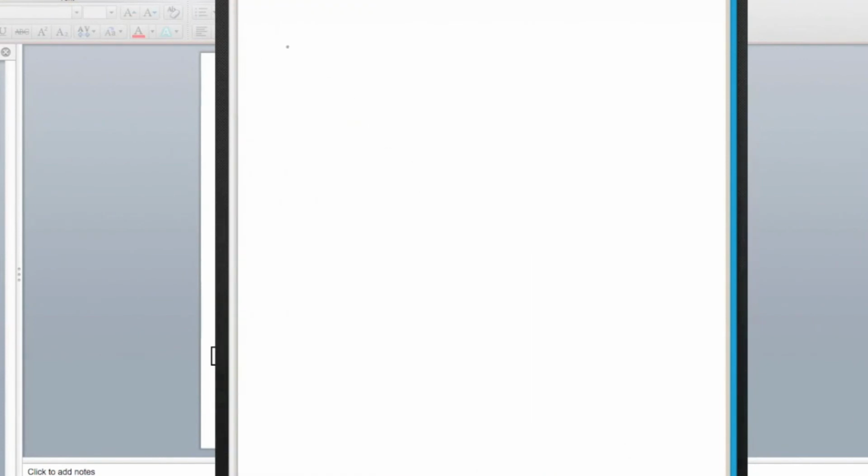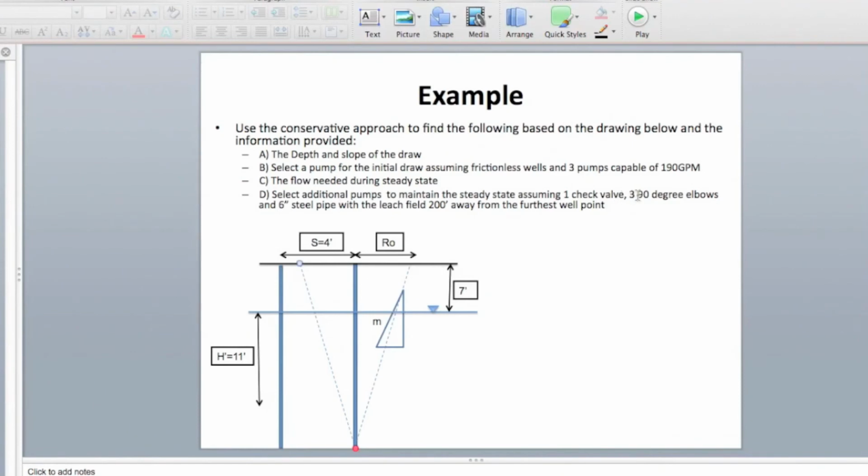Alright, so coming here, then we're going to do the friction calculations. Basically, going to table 19.10 and looking at the 6-inch side of things, we have one check valve. That's in the problem here. It says right here, one check valve, 3 90-degree elbows, 6-inch steel pipe, 200 feet away from our leach point.